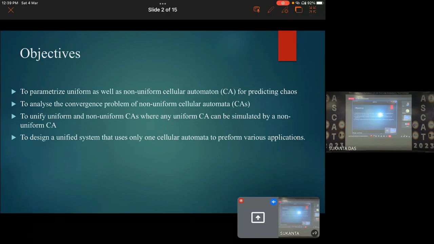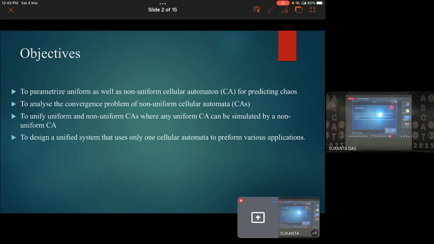The next problem is to analyze the convergence problem of cellular automata, which is exactly the opposite problem of divergence. Divergence dealt with the chaotic part of the CA, whereas convergence deals with the stability of the cellular automata. Finally, in the third problem, we see whether we can unify two types of CAs, uniform CA and non-uniform CA: whether work done by a uniform CA can also be done by a non-uniform CA, or vice versa.